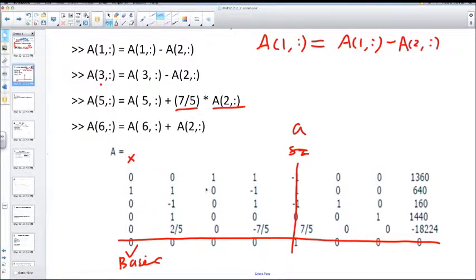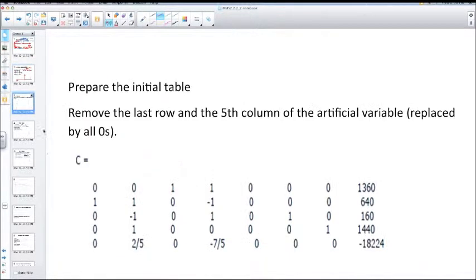Okay, then you can start your phase 2 by the new initial table. That matrix, I call it C. To save my trouble, I did not remove this column. I just put all 0. That doesn't bother me, it just saves me the time to input. I just copy paste. That's how I do it. Or you can just neglect this column because it's all 0.